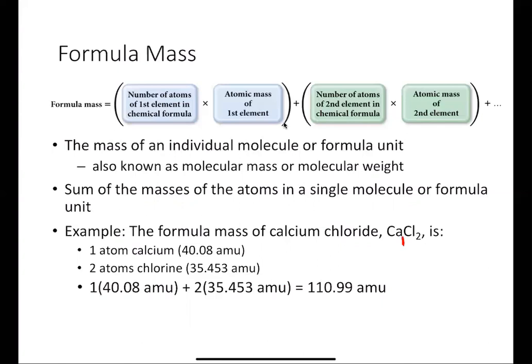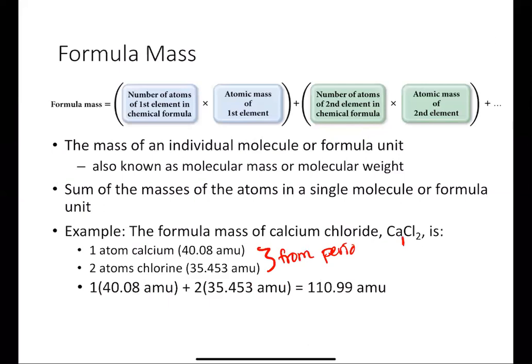We're going to put in 1 atom of calcium and 2 atoms of chlorine, and we're just going to add those up. So we have 48.08 AMUs plus 2 atoms of chlorine, that's 35.453 each. We're just getting those masses right off the periodic table.